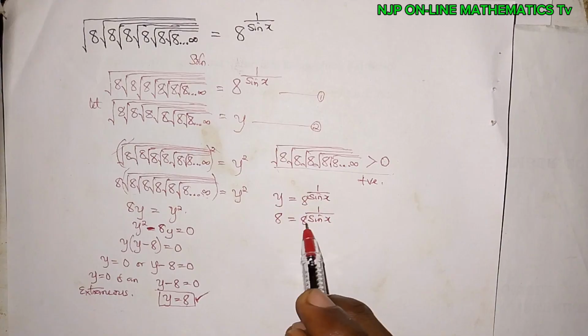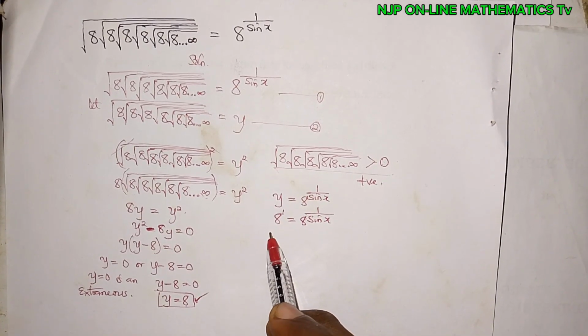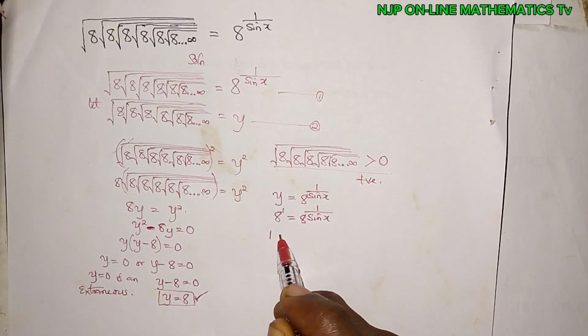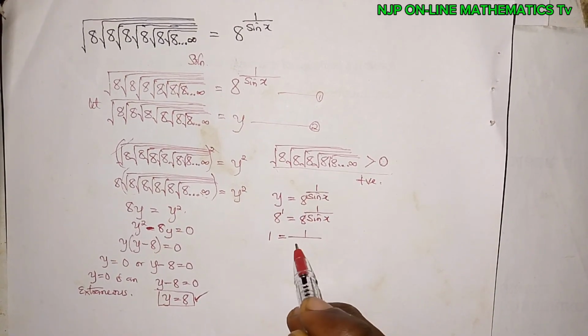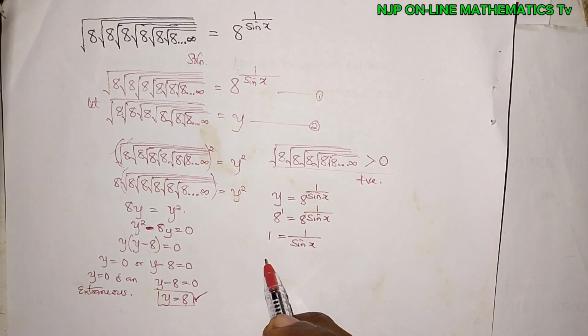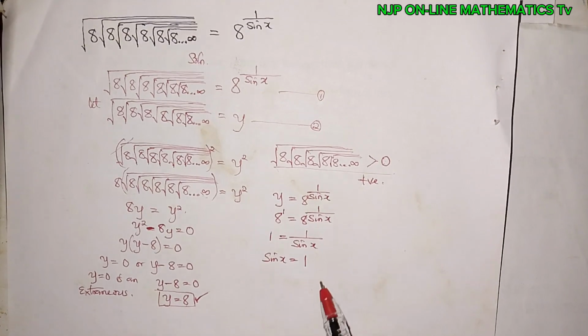We know that the power of 8 on the left hand side is 1. Therefore, if we equate the exponents, 1 equals the inverse of sine x. If we multiply through by sine x, we have that sine x equals 1.